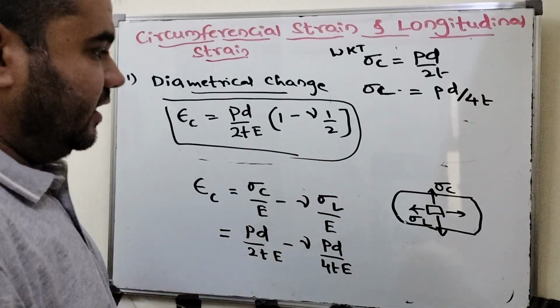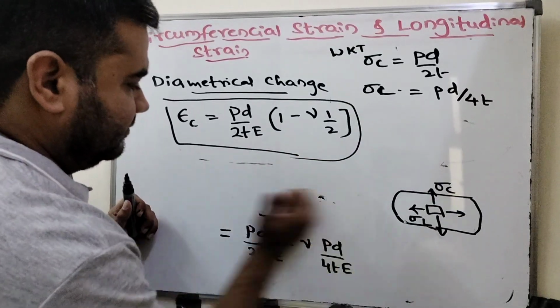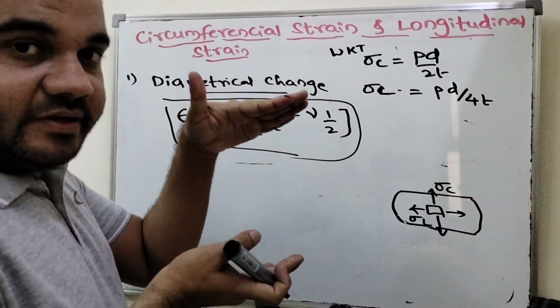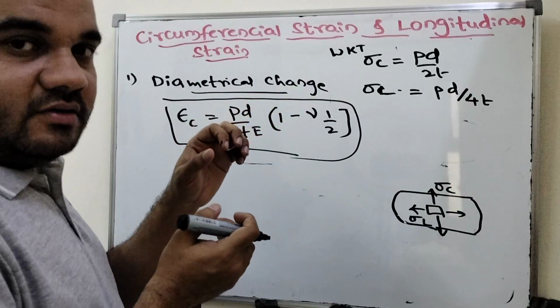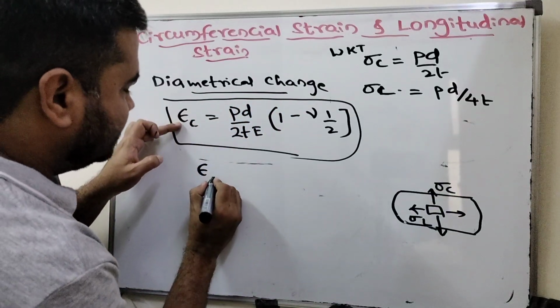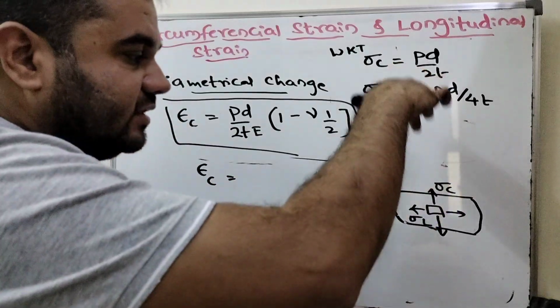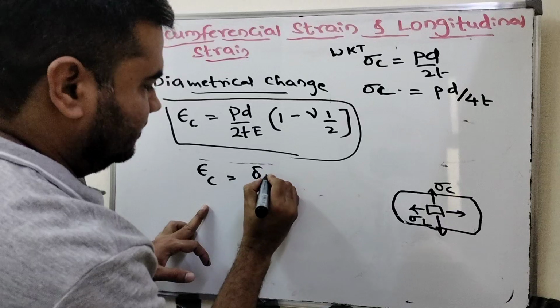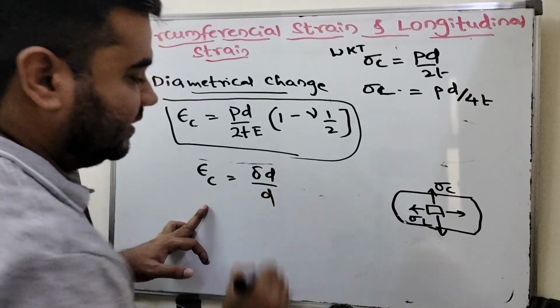Now what is the equation if you want to find the change in diameter? One more equation is the normal one: circumferential strain along the circumference is change in diameter divided by original diameter, right?